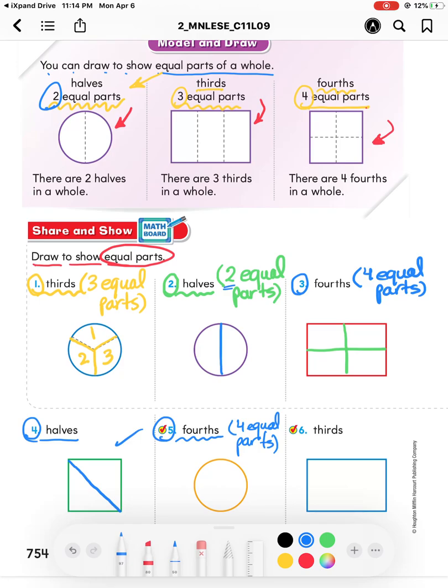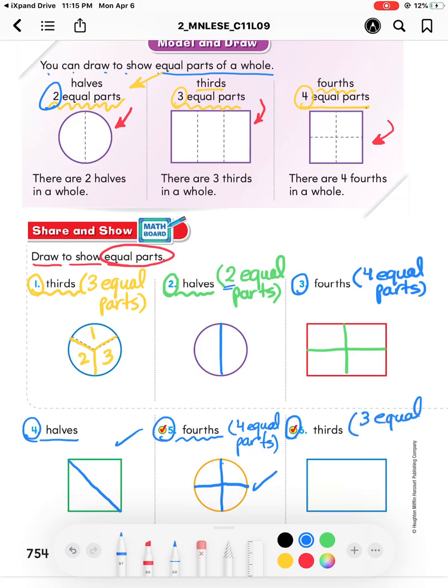Try to make it equal. Okay, as much as I can, I'm trying to make them 4 equal parts, okay? This is correct, okay?